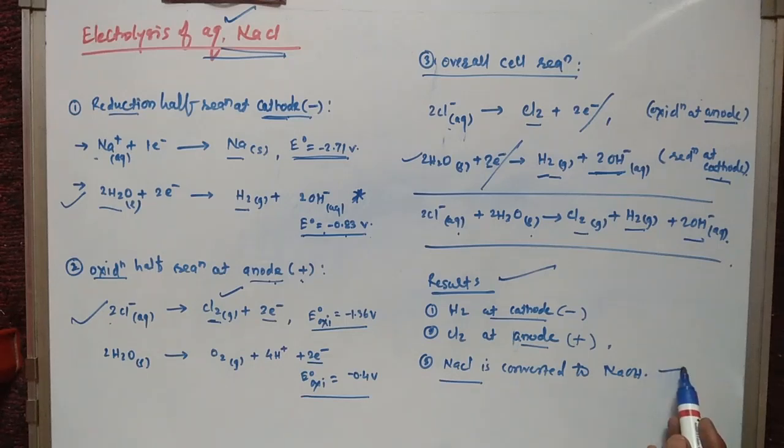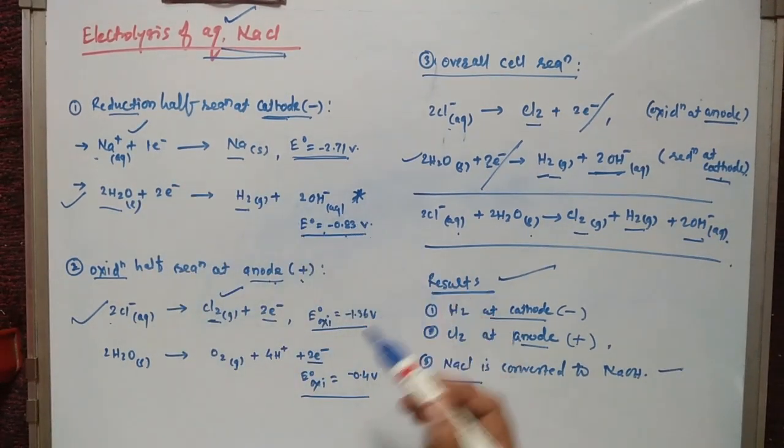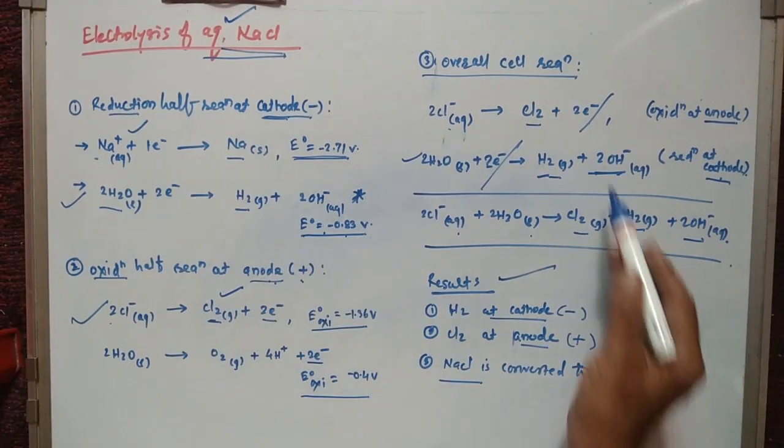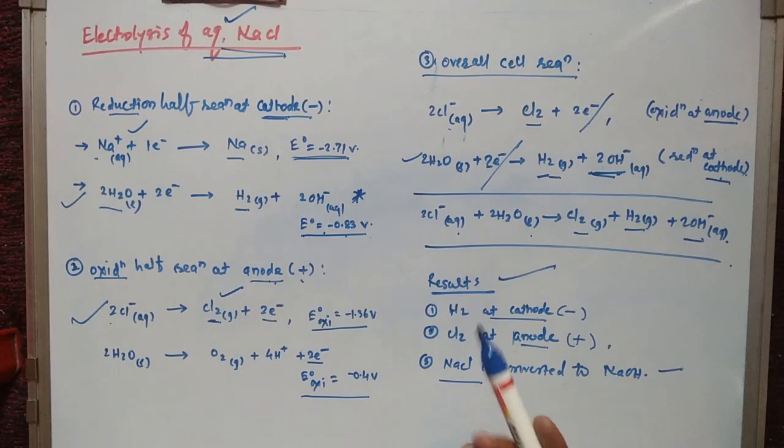Because unreacted Na plus ions combine with the OH minus ions to form NaOH. That means because Na plus ions remain unreacted and OH minus ions are formed at the cathode, NaCl solution is converted to sodium hydroxide, NaOH. So this is the electrolysis of NaCl.